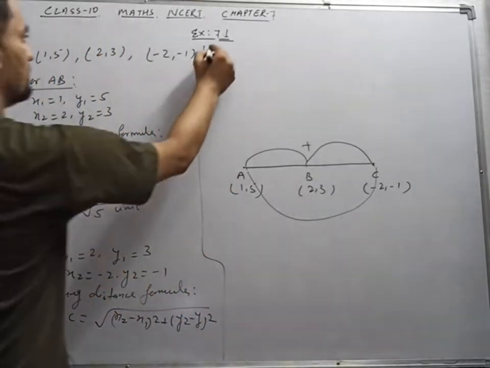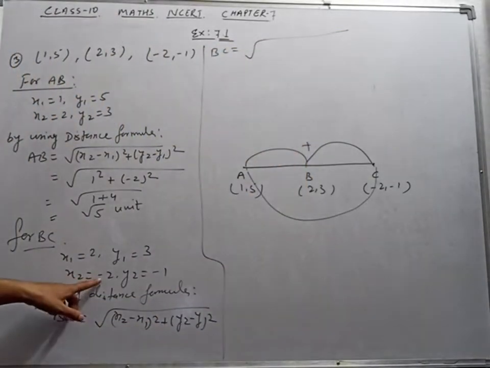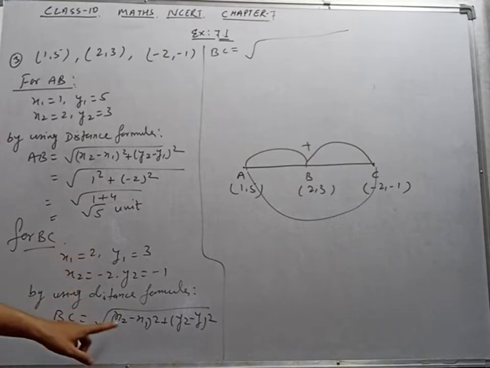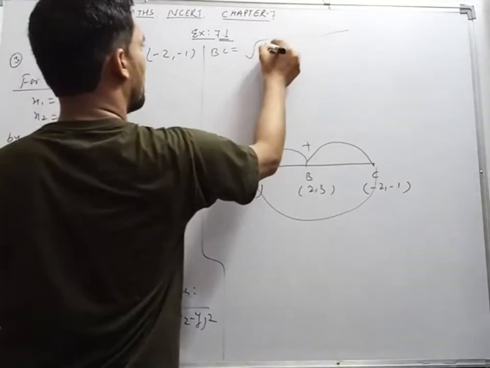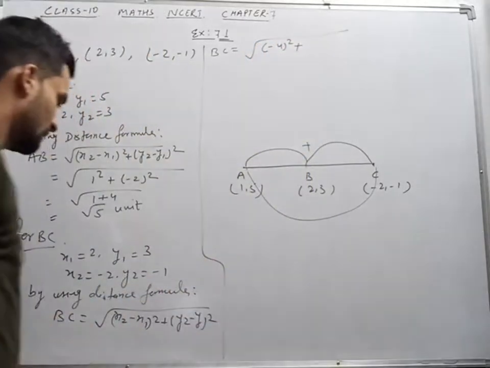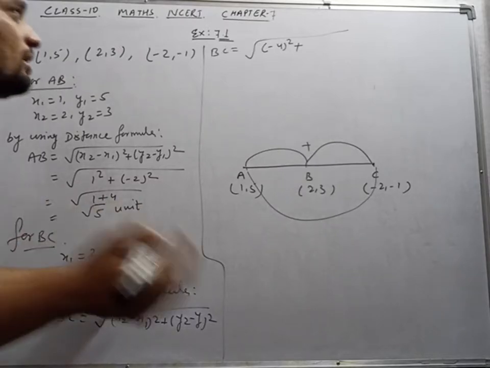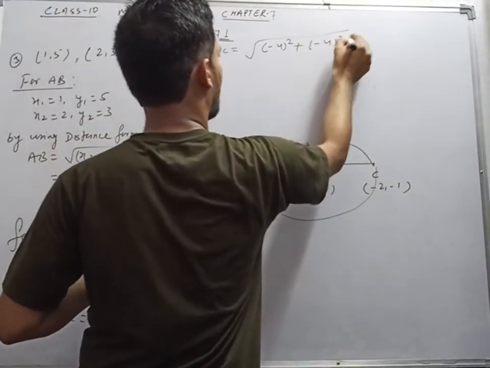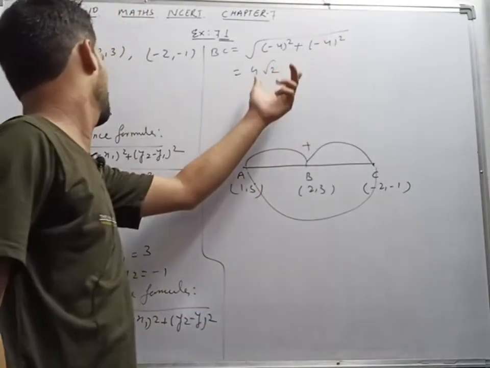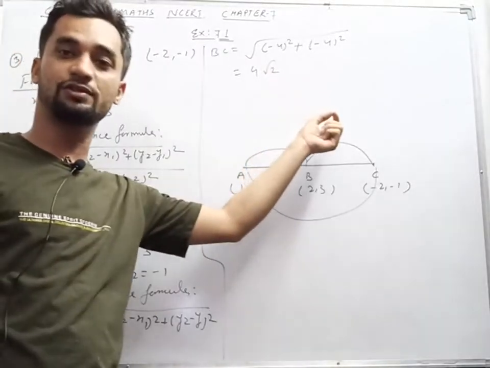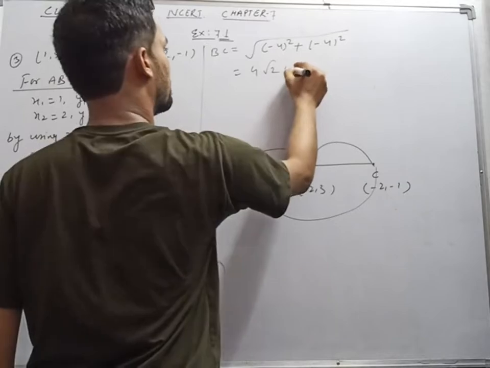So BC is equal to root over, here you see -2 minus 2, that will be minus 4, so I am writing minus 4 square, plus y2 is minus 1, then minus 3, that is minus 4 again. As you know, this will be plus 16, root 32. Root 32 is nothing but 16 into 2, and the square root of 16 is 4. So this will be 4 root 2 unit.